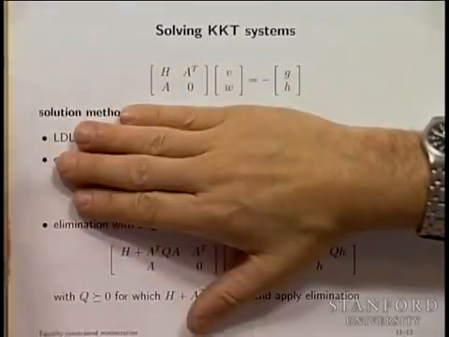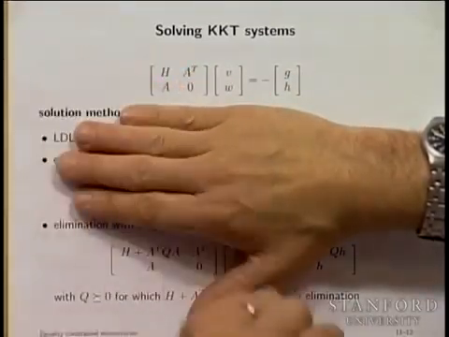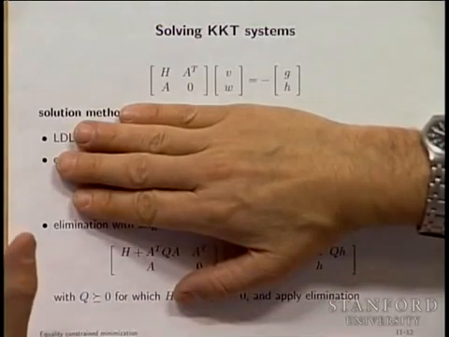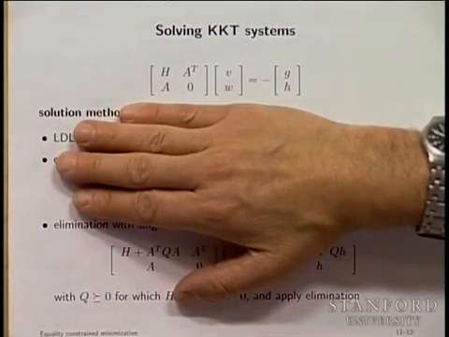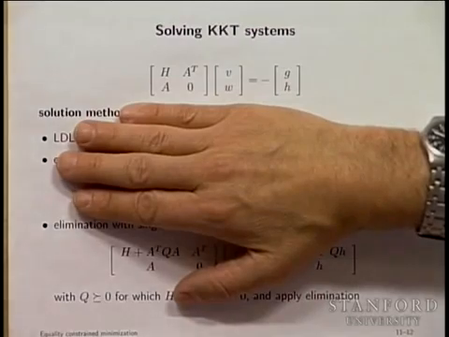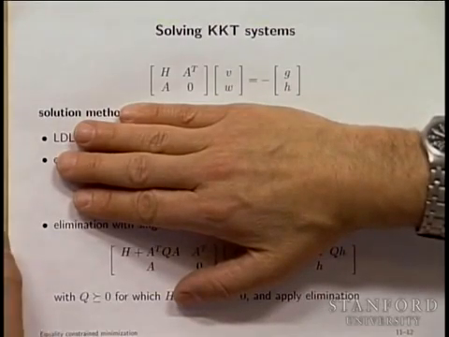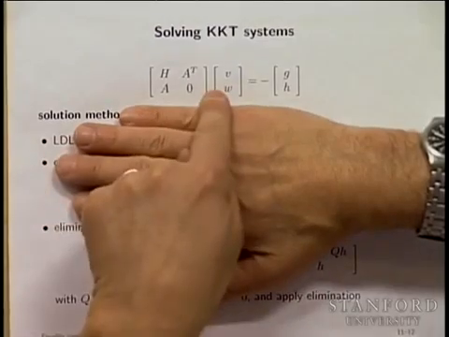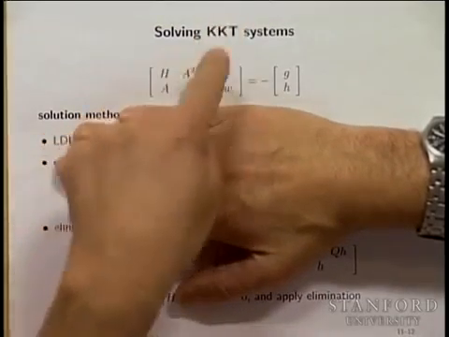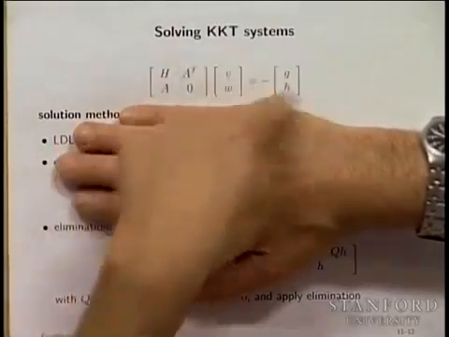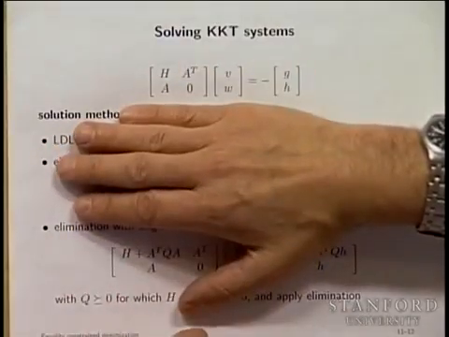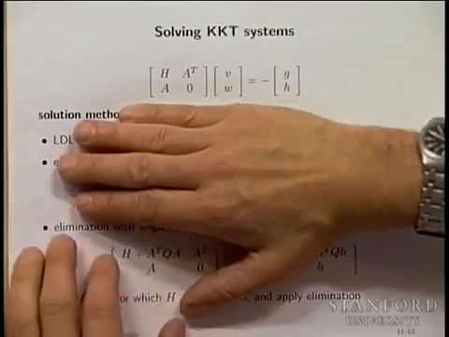It's called a KKT system. By the way, it doesn't only come up in optimization. It comes up in mechanics and tons of places. I opened the first chapter of a book on simulating flows in porous media, and on page 2, I saw this. They didn't call it A and H, but it was basically the same system. So the system of equations is probably worth knowing something about.